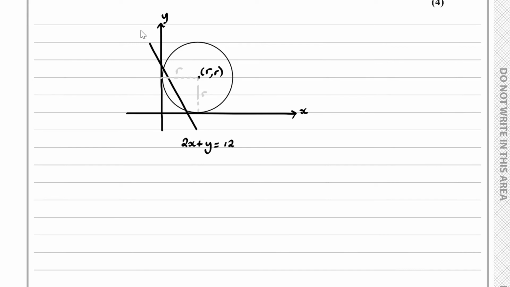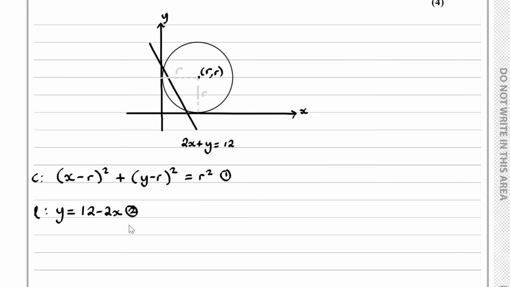Now we've got the equation of C, which is x minus r all squared plus y minus r all squared equals r squared. That's obvious. And we've got the equation of L, which I'm going to rewrite as y equals 12 minus 2x. Now if I call this equation 1 and this equation 2, if I expand out equation 1 and then substitute this into that expanded equation, let's see what we get.